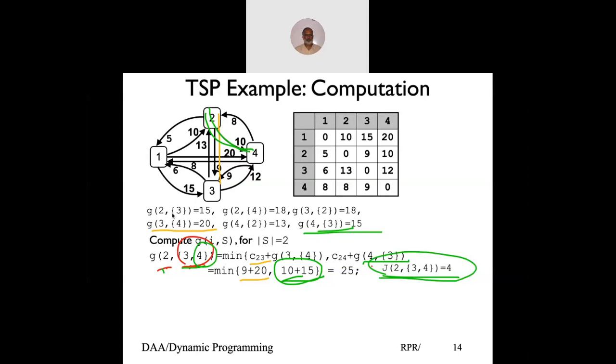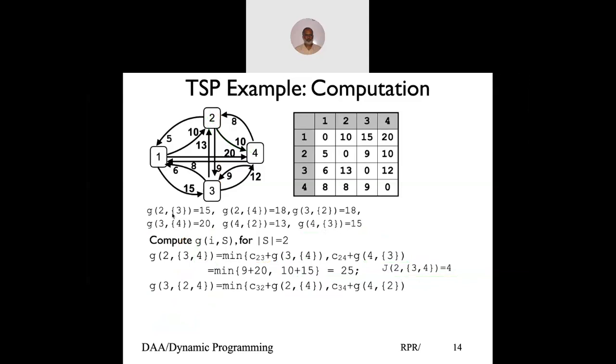Now I have done this. Same way I compute G(3, {2, 4}). So look at set G(3, {2, 4}). That means from 3, either I can go to 2 and find the path from 2 to 1, or from 3 I can go to 4 and find the path from 4 to 1 through the remaining vertices. Once I go from 3 to 2, out of 2 and 4, I'm left with only 4, so I need to find G(2, {4}).